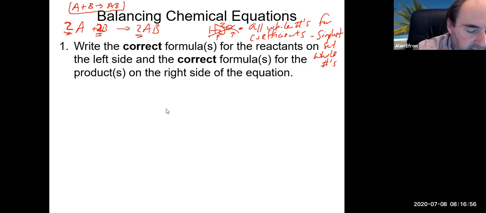All right. So let's talk about the steps of balancing an equation. First off, you want to write the correct formulas on the reactant side and product side. This would be a situation where you're given everything in words. So it's really important to follow those rules we talked about with nomenclature and make sure that you are starting with the correct formulas to begin with.